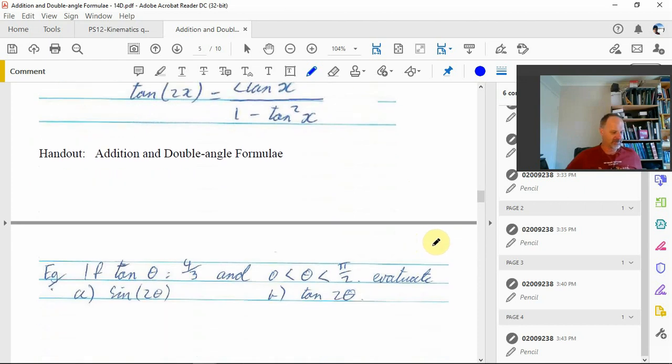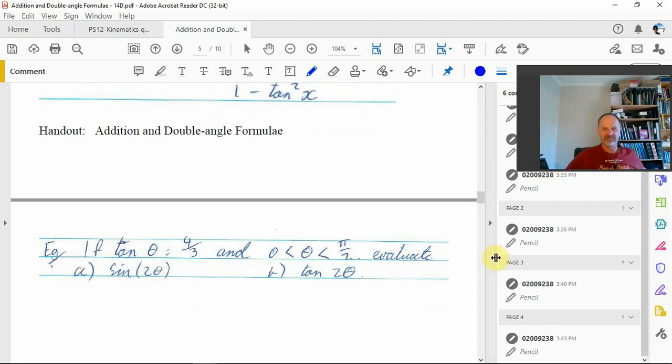So here's a couple of things that we can do. If tan theta equals 4/3 and theta is between 0 and pi on 2, in other words in the first quadrant, find the sine and the tan of these angles. All right, so the solution.